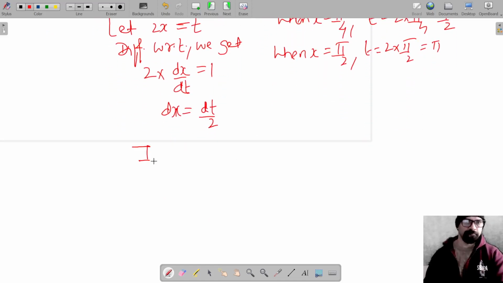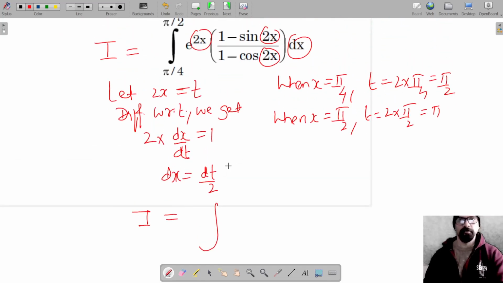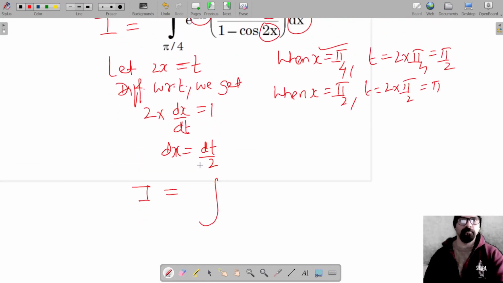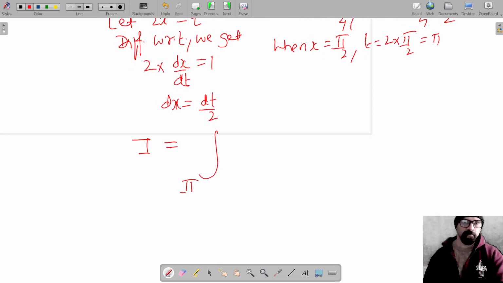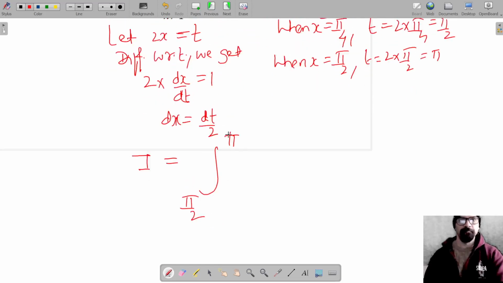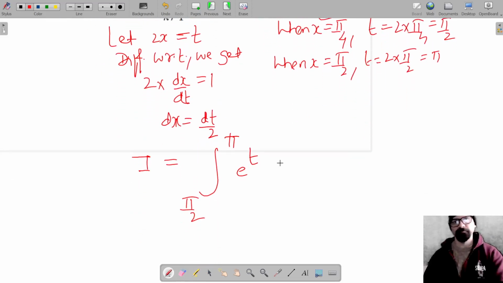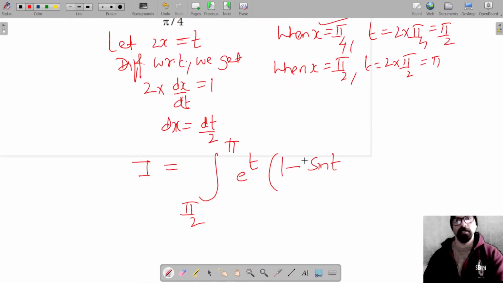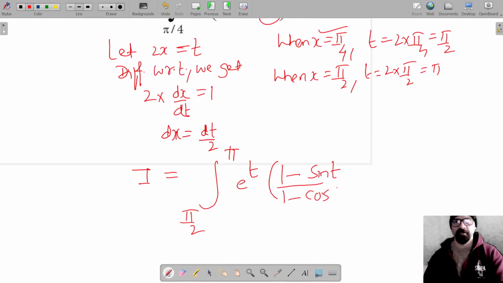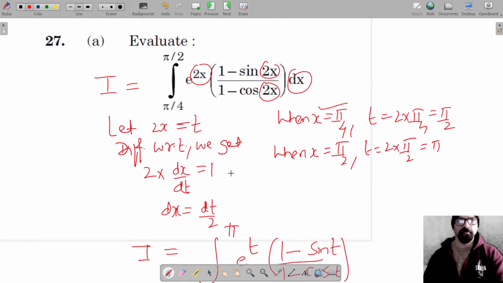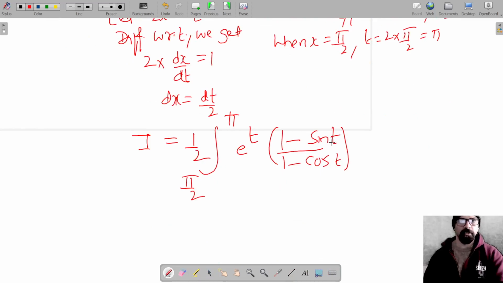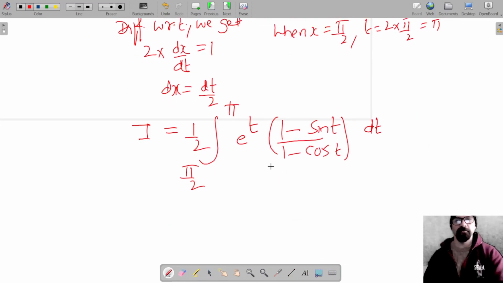Okay, now I is equal to the integration from pi by 2 to pi of e raised power t. Let's make the substitution. This is now 1 minus sine t and 1 minus cos t, and dx is dt by 2, so half is out, and the differential element is dt.